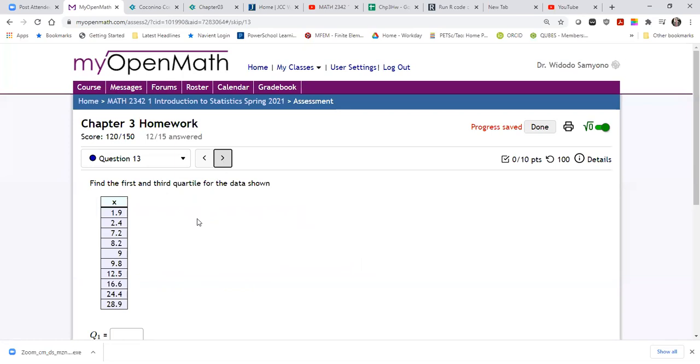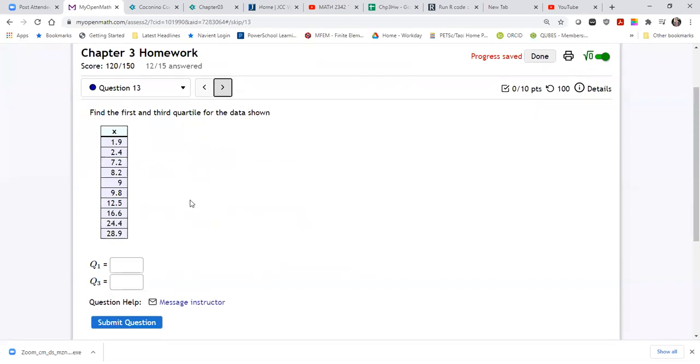And okay, first find the first quartile and third quartile. Okay. So fortunately, the data is already in order, right? So 1, 2, 3, 4, 5, 6, 7, 8, 9, 10. So the middle will be 5 and 6, right? These two, right? Okay.